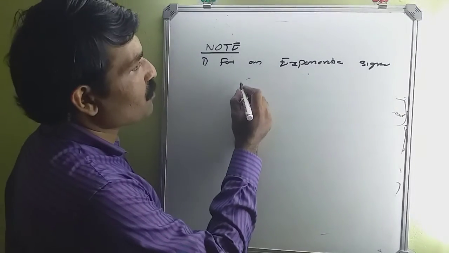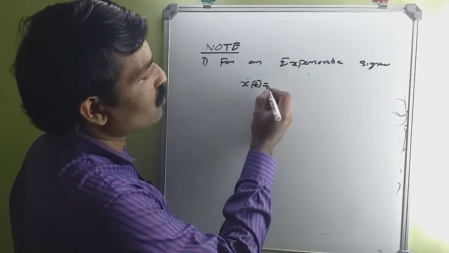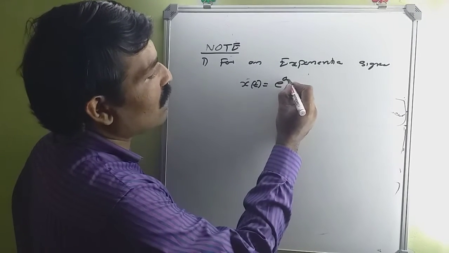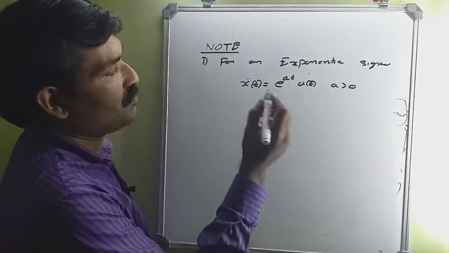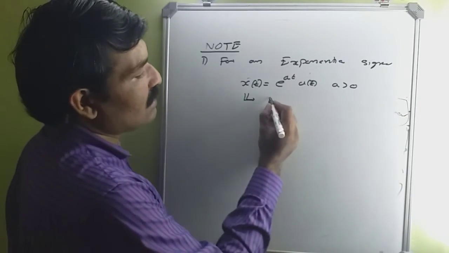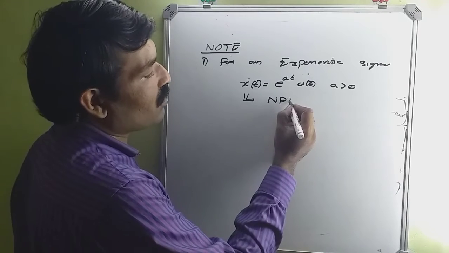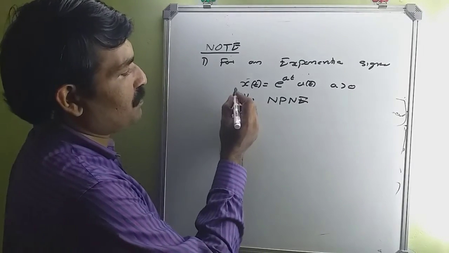Exponential signal x of t is equal to e raised to at u of t, where a is greater than 0. This implies the signal is neither power nor energy signal, NPNE.